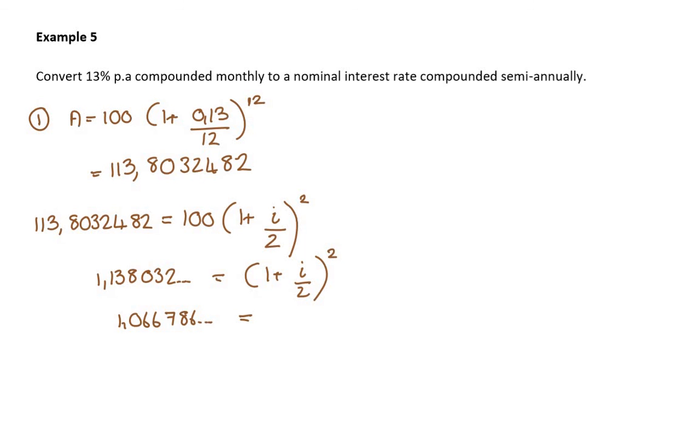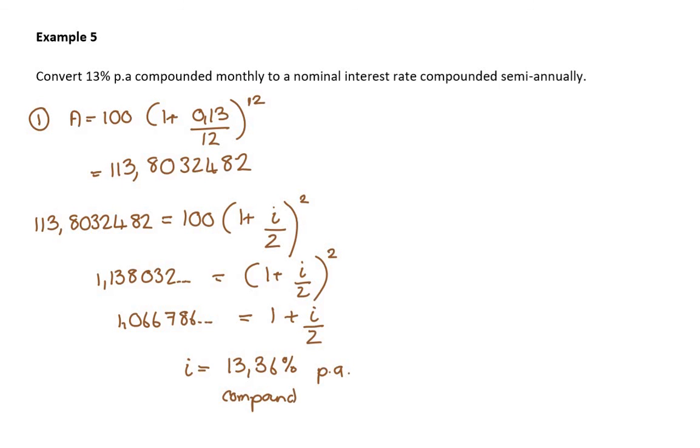Sorry, I forgot my squared off there. And now I would subtract 1 on both sides. I would then multiply by 2 and then multiply by 100 to get a percentage. And I get 13.36%.